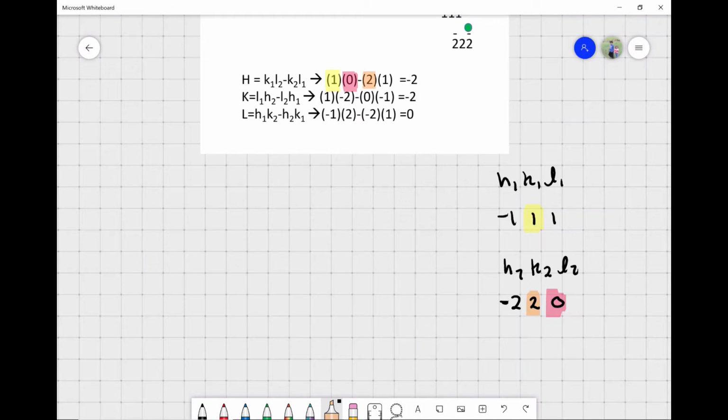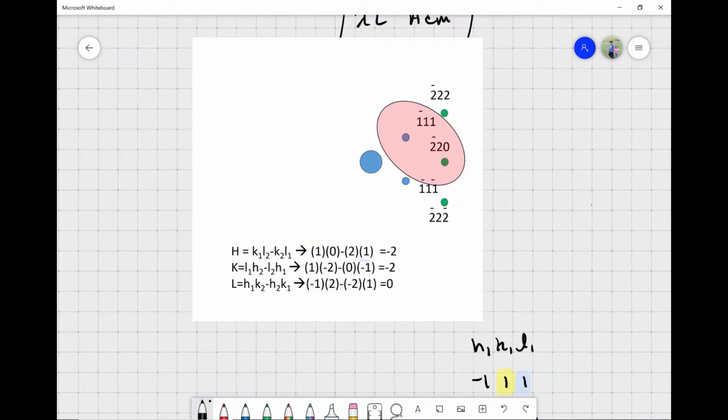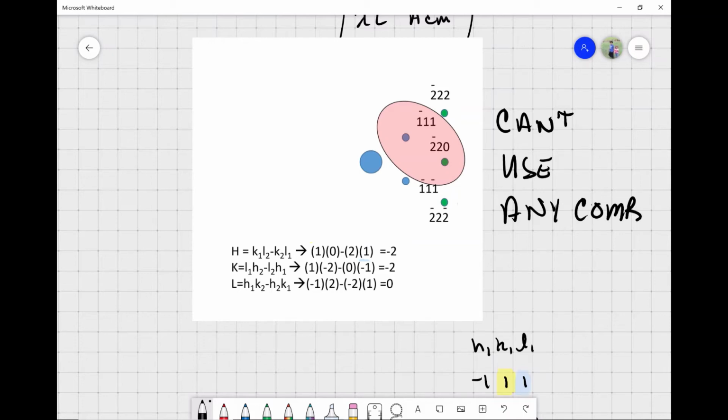And L1 is also 1. And we'll use blue for that one. All right, so one thing I probably need to point out, because I think I mentioned in the previous slide, you can use any two spots, but you really can't use any combination of spots.